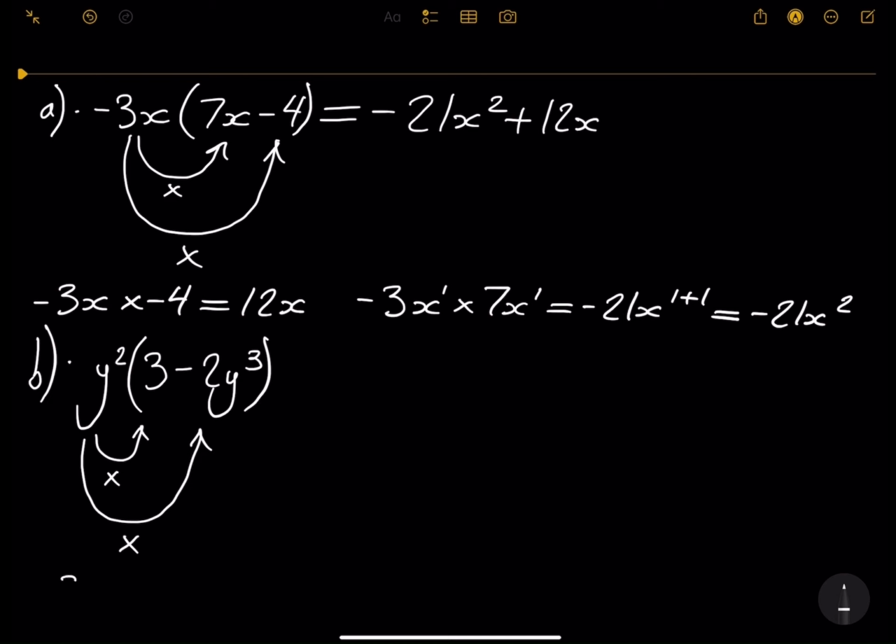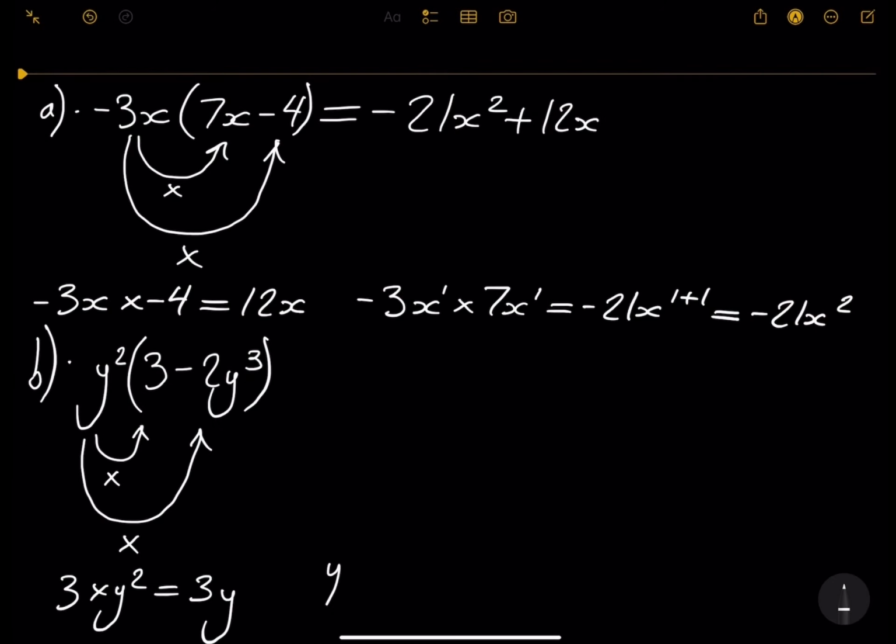So 3 multiplied by y squared is straightforward. It's 3y squared. And y squared multiplied by minus 2y cubed is another instance where we have to use the laws of indices. So there's a 1 there. 1 times minus 2 is minus 2.